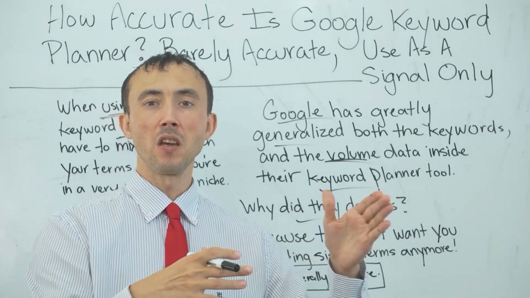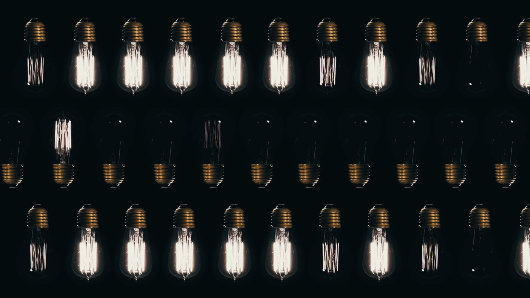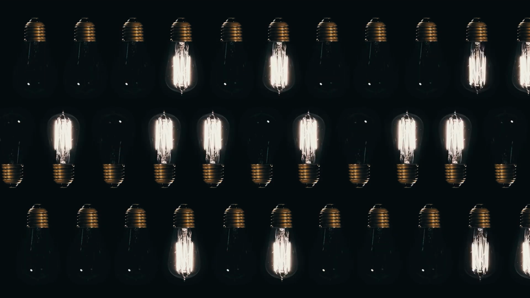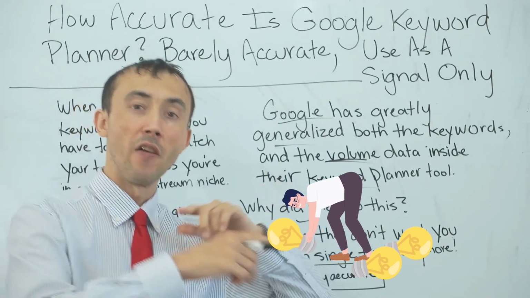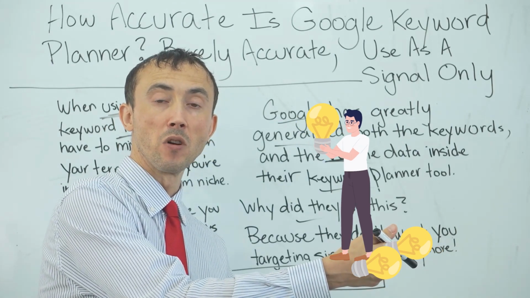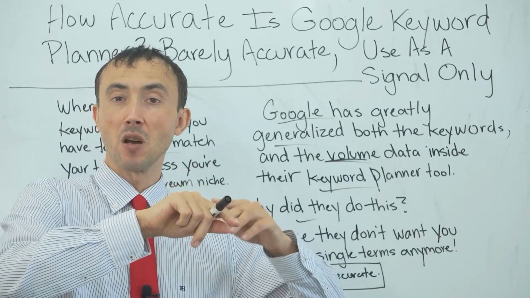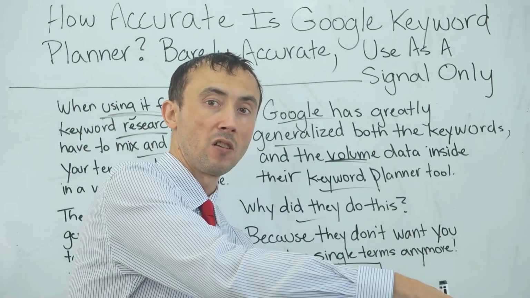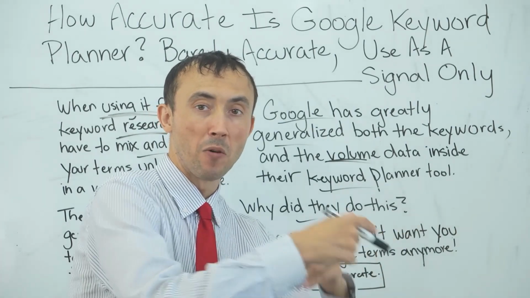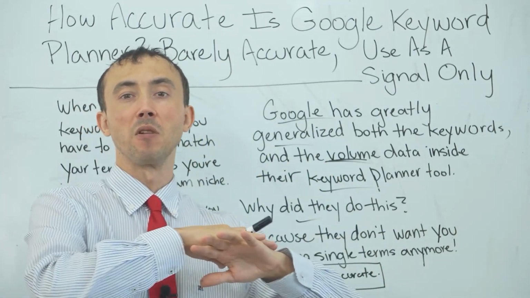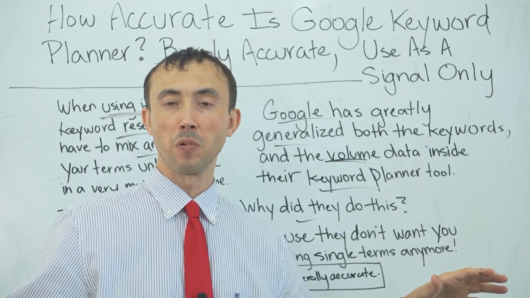When it pumps out some ideas, you play the mix and match game. I forgot to mention this earlier: you put those added keywords back into the tool, and it'll spit out even more ideas. Then you take those, play mix and match, come up with a bigger list, and put it back into the Google Keyword Planner. It'll come out with even more ideas, and you just keep doing that until you've exhausted all the ideas the planner will provide.